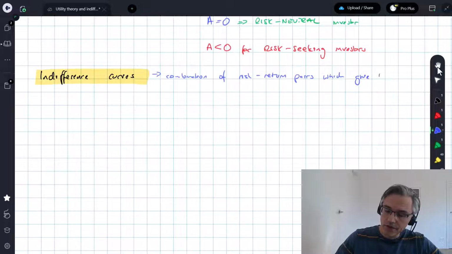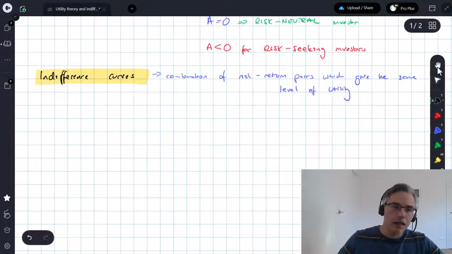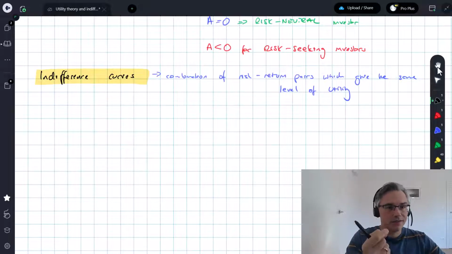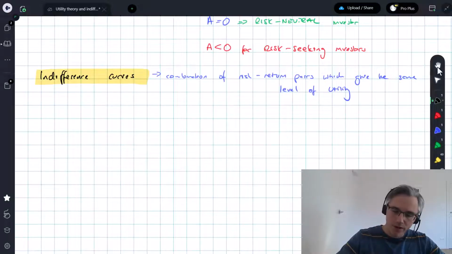Which give the same level of utility, of course, for a specific investor given their specific utility function, especially that A parameter.